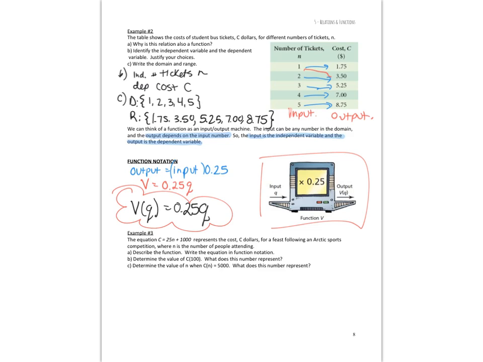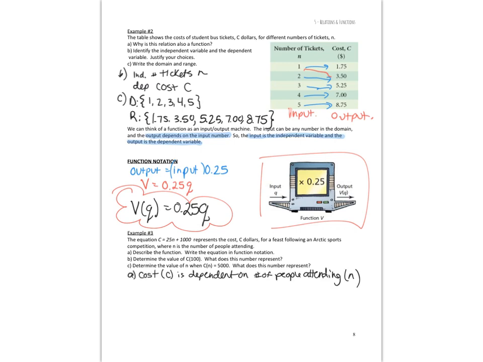The equation C equals 25N plus 1,000 represents the cost, C, in dollars, for a feast following an Arctic sports competition where N is the number of people attending. So A, describe the function. Write the equation in function notation. So again, cost C is dependent on N, the number of people attending.